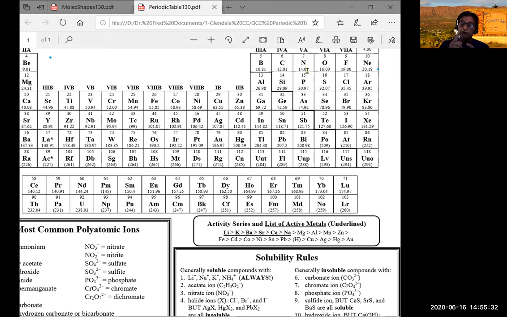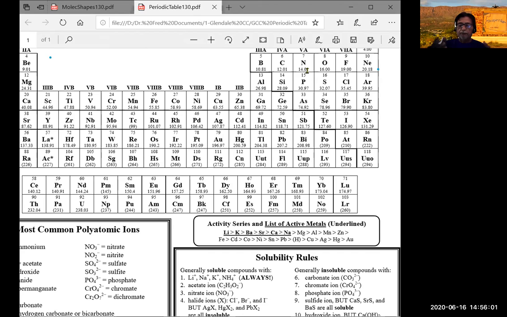What that tells you is when carbon and nitrogen make a covalent bond, nitrogen would tend to pull the electrons toward itself. The result is nitrogen will have a more negative flavor, if you will. We'll have another name for it in a minute. Carbon, because the electrons have been pulled away from it, will have more of a positive flavor.